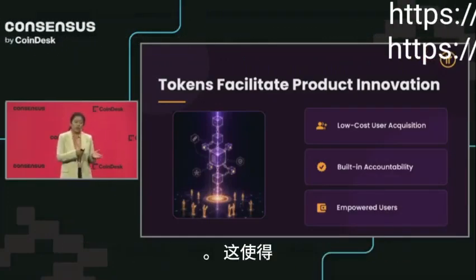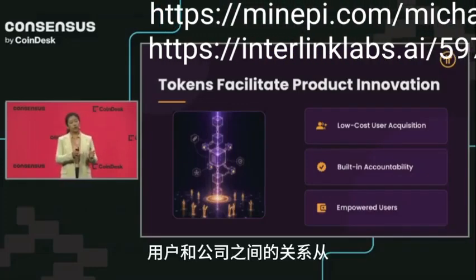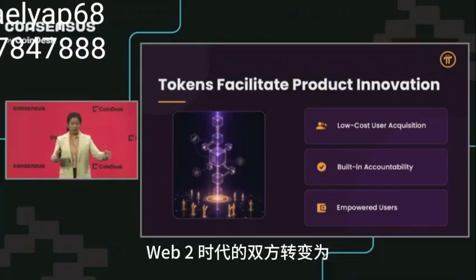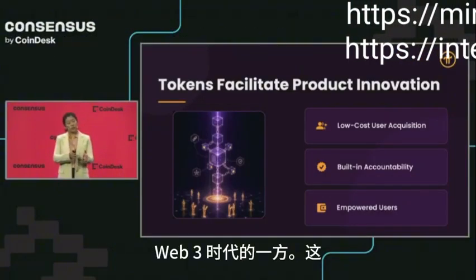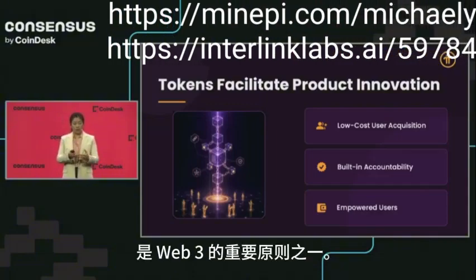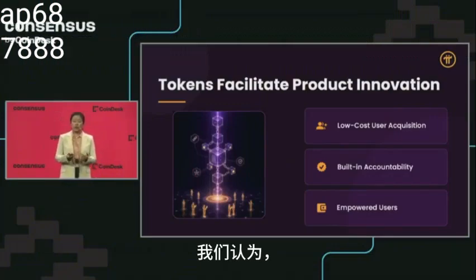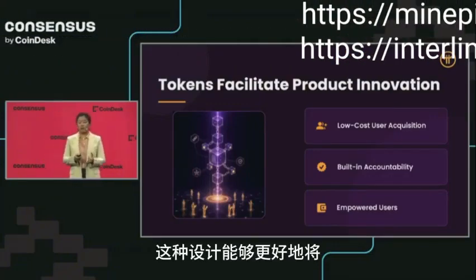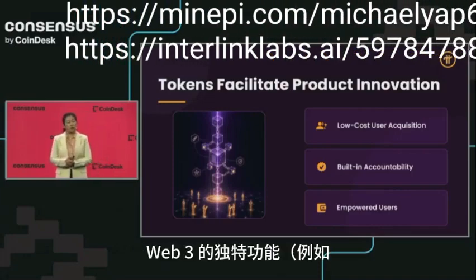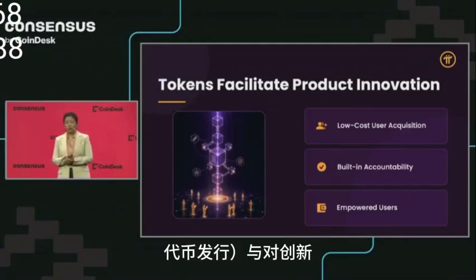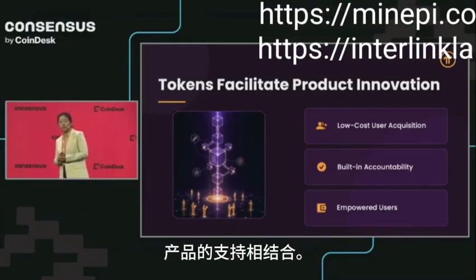This shifts the relationship between users and the companies from two sides of the table in the Web 2 world to one side of the table in Web 3. This is one of the important principles of Web 3. In this way, we believe that this design better aligns the unique capabilities of Web 3, such as issuance of a token, with support for innovative products.